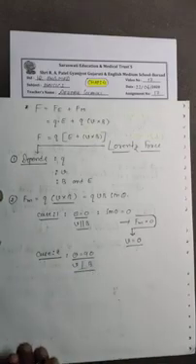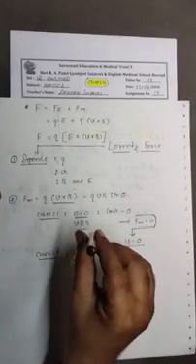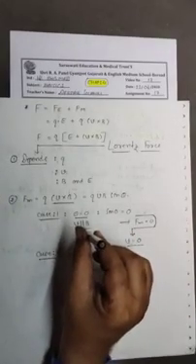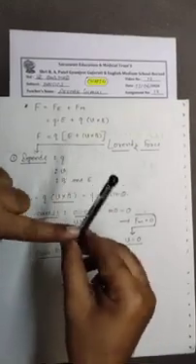Both the velocity of the charge and the magnetic field are perpendicular to each other.